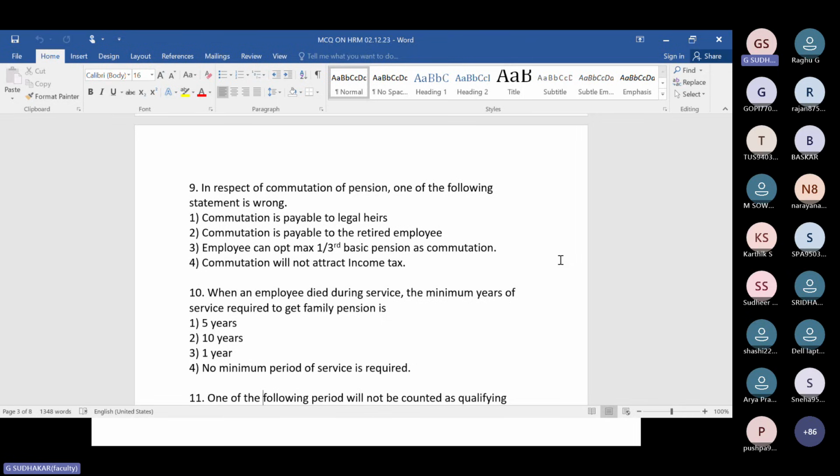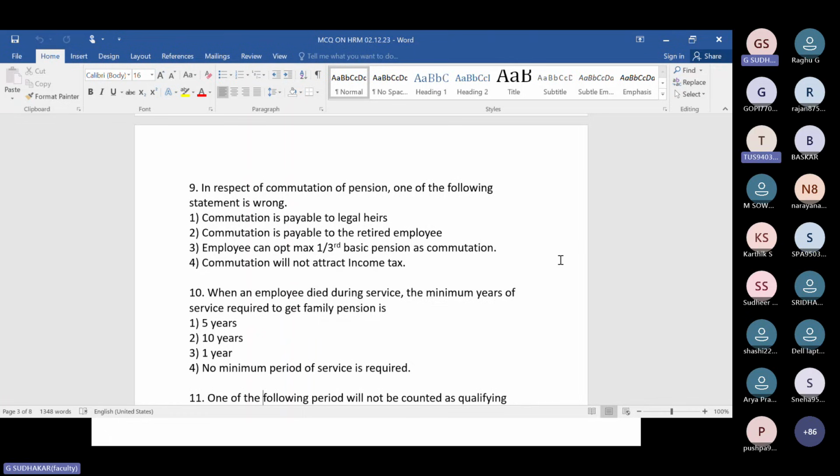Commutation will not be given to the legal heirs. Though he opted for commutation, he is not able to receive this amount and he died. There is a provision of family pension and enhanced family pension up to 65 years. The spouse will get enhanced family pension. Normally family pension will be 30% of the 90,000 or 60,000?